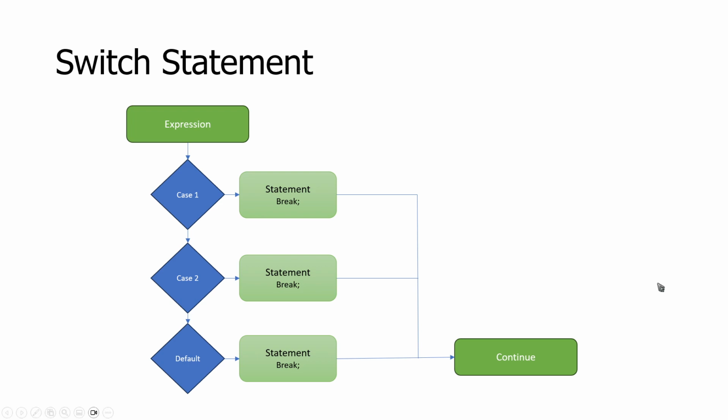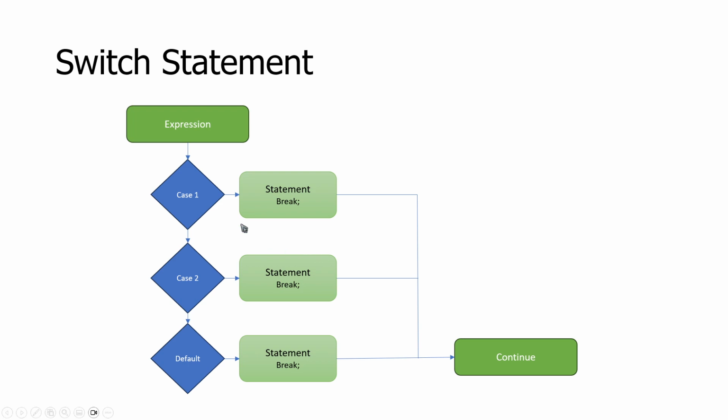Now, we can write as many of these cases as we want, but again, if you're writing over 10 of these, then there may be something wrong with your design that you may want to reconsider. But that's a whole other topic of conversation. In this image, however, we've got two cases.